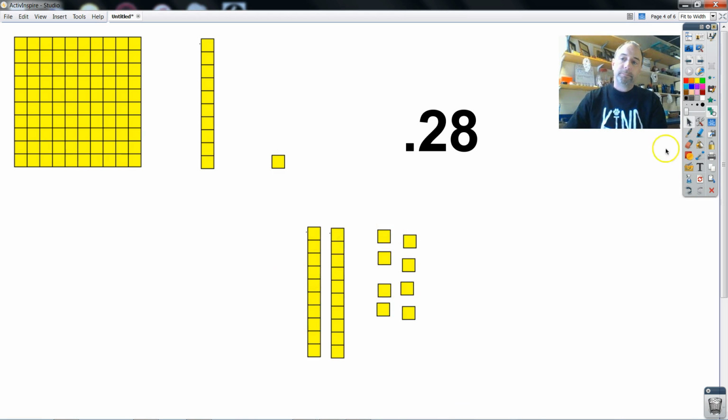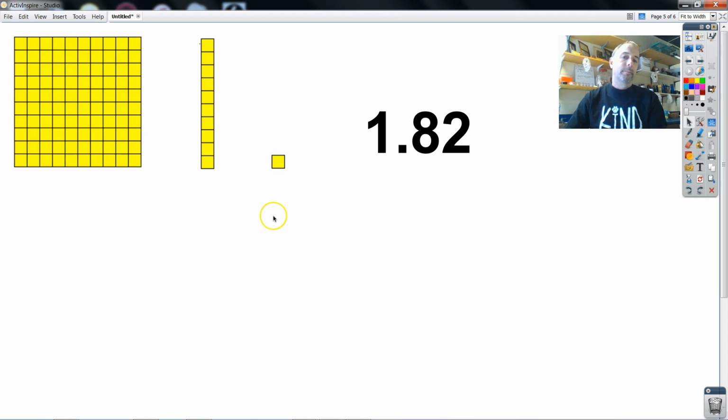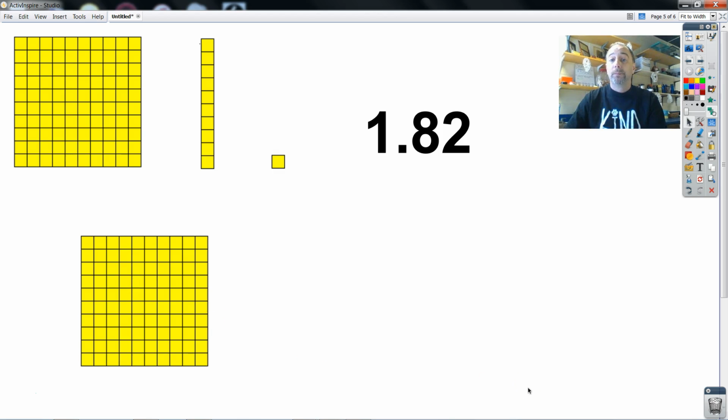28. The whole number has shown up. The ones place. I have 1 whole. So I grab 1 whole.